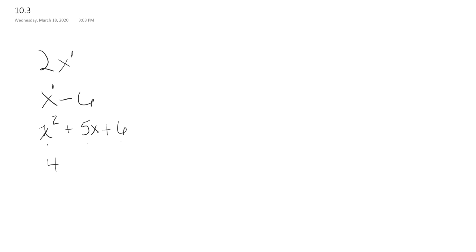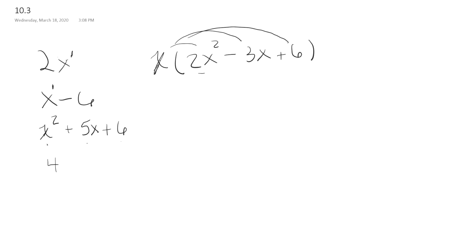Yesterday we multiplied polynomials together. Let me do a review on that. Say you have x times 2x squared minus 3x plus 6. You would distribute the x. That means I'm going to multiply each of the terms in this trinomial times x.